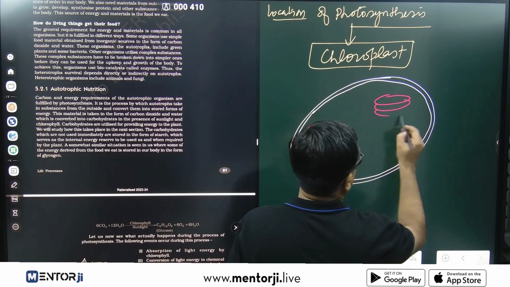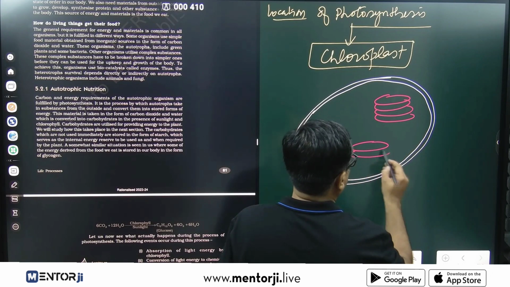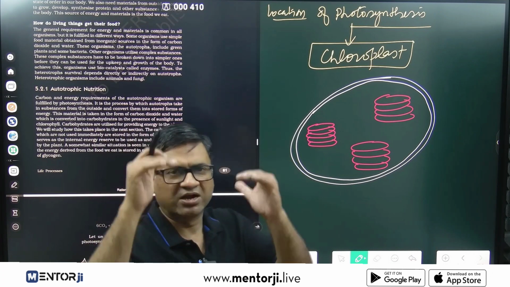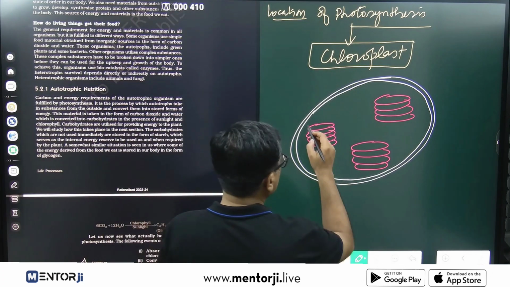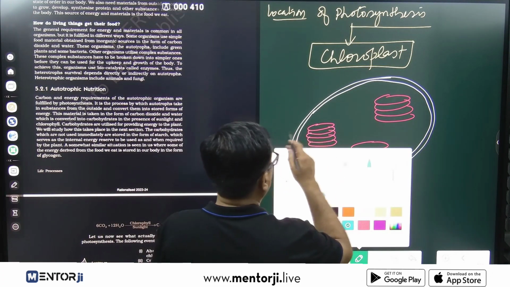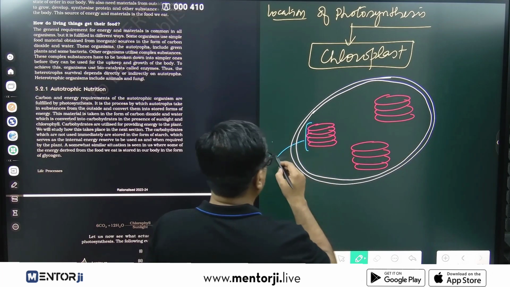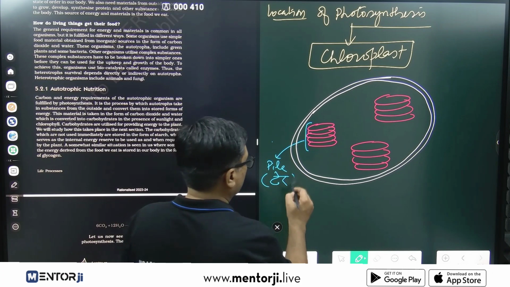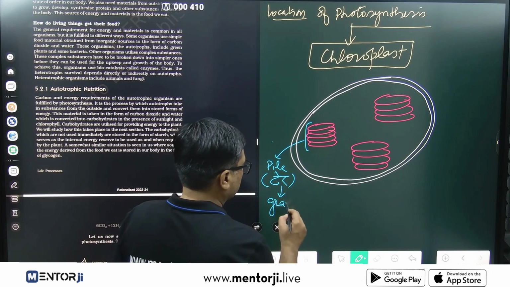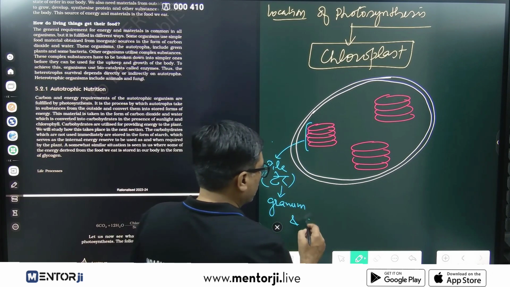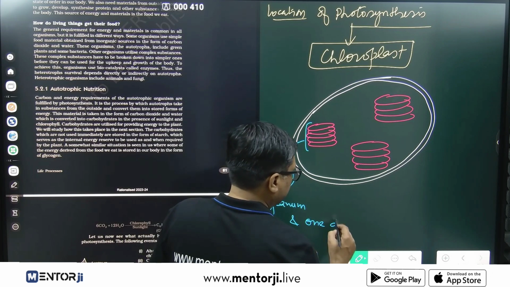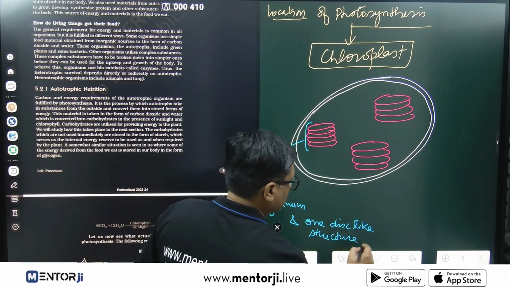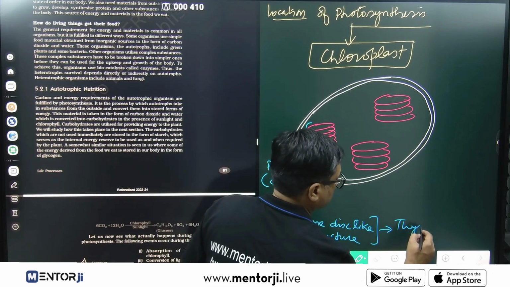These coin like structures, जैसे आपके पास 2 रुपए का, 1 रुपए का, 5 रुपए का सिक्का हो और उस सिक्के को आपने एक के ऊपर एक रख दिया, तो ये कंप्लीट पाइल, पाइल मतलब ढेर, ये पूरा का पूरा ढेर कहलाएगा ग्रेनम। And one disc like structure is named as thylakoid.